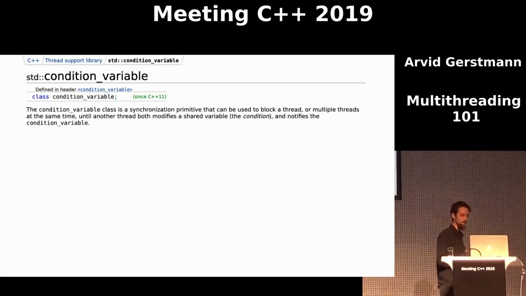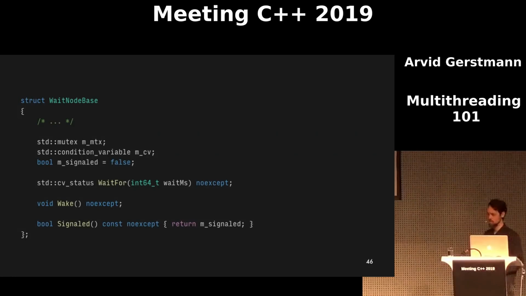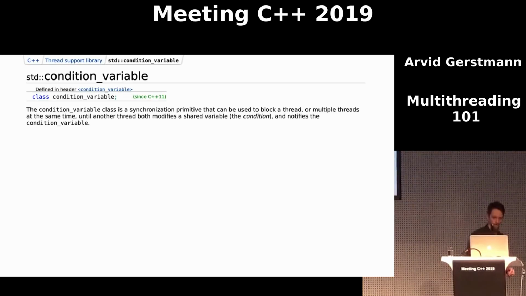This sounds a lot like a futex, right? And it indeed is very, very similar. The shared variable in our case is what we had here, the m_signaled, the boolean. We will set that to true if we've been signaled or if we've been woken up.